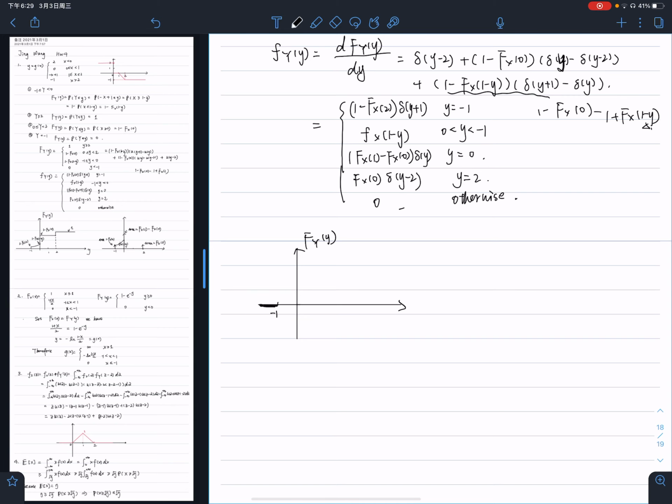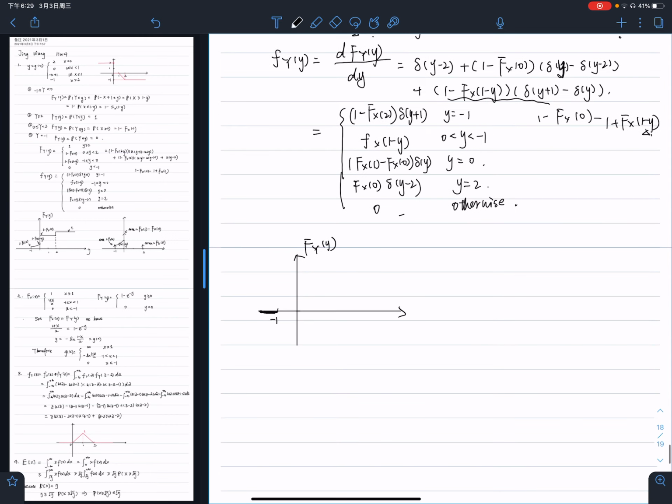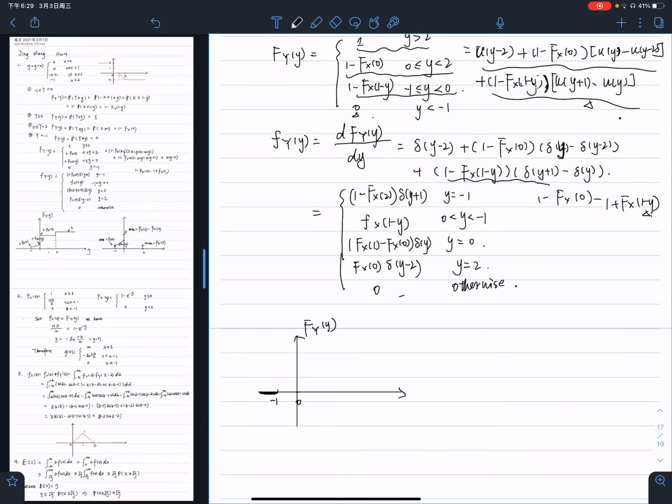When y is between negative 1 and 0, it should be 1 minus F_X(1 minus y), and at y equals 0 this is 1 minus F_X(1), and at y equals negative 1 this is 1 minus F_X(2), and it looks like this.